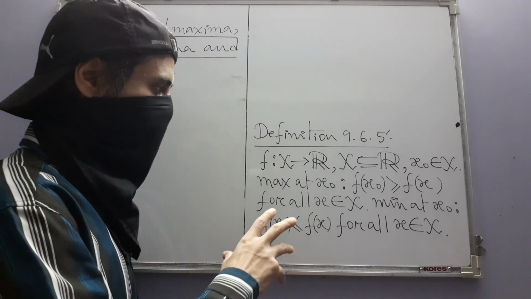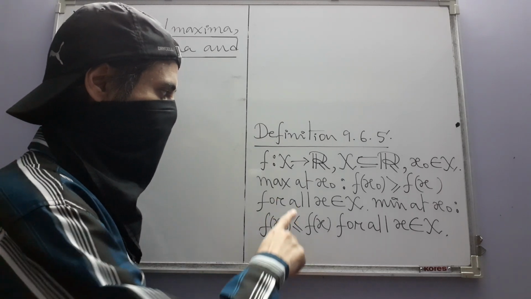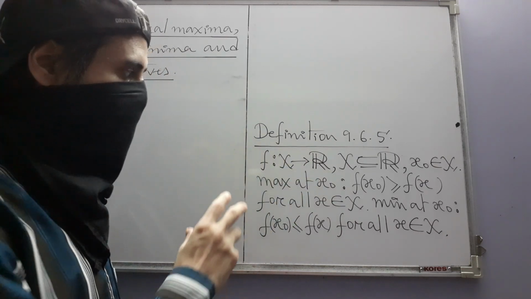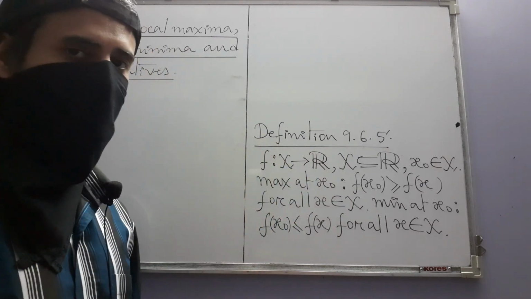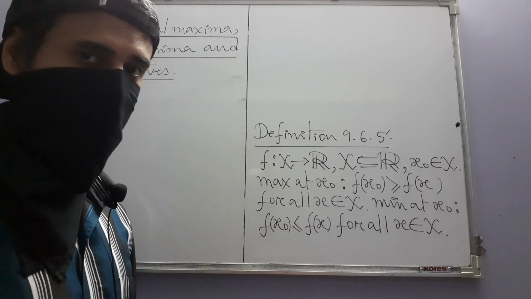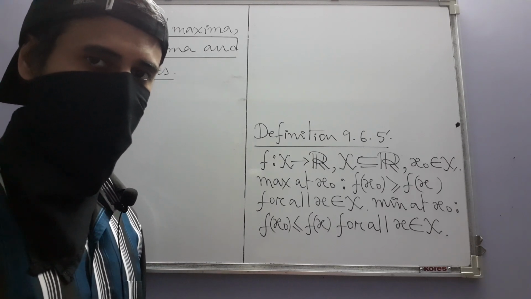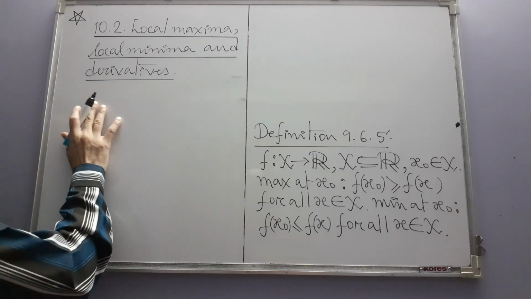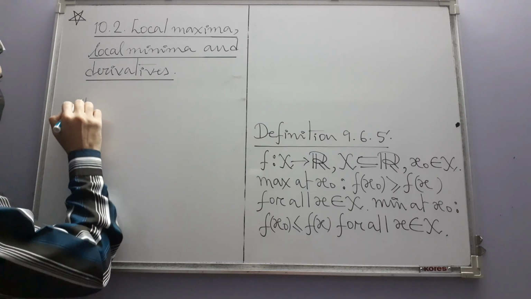Now, instead of having this notion which works for the entire domain, we can see a local version of it. In a small region, we can try to find maximum and minimum if they exist. And that's how the section starts.